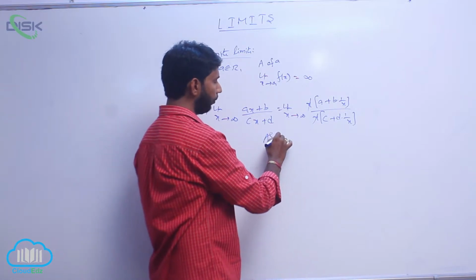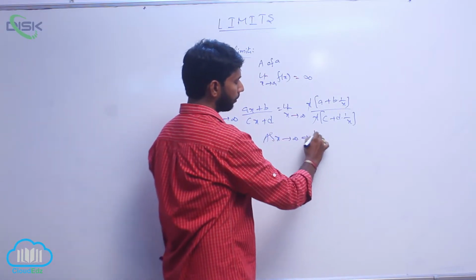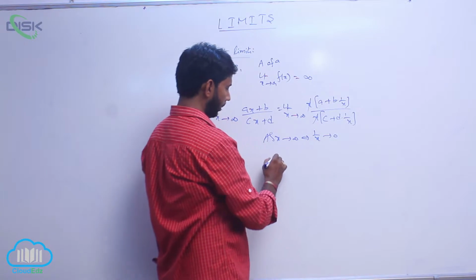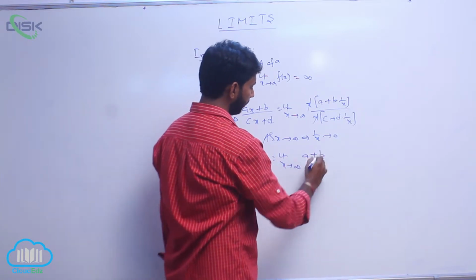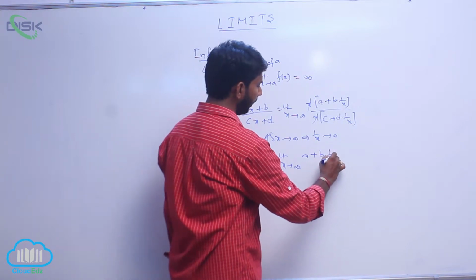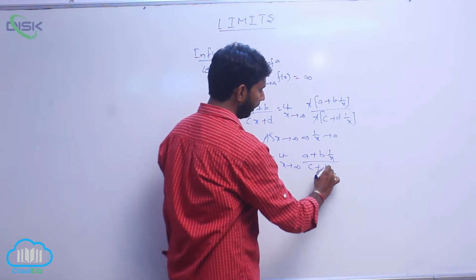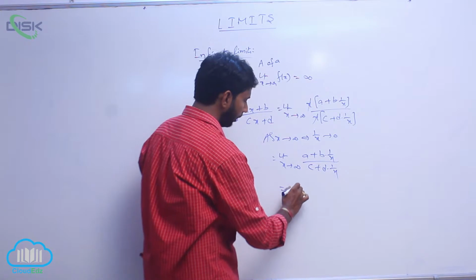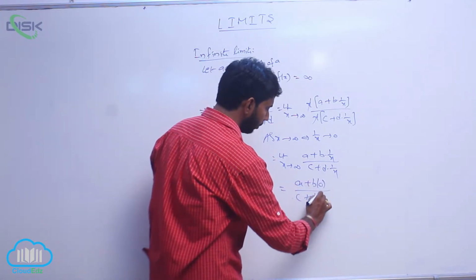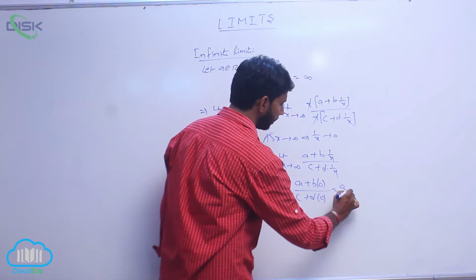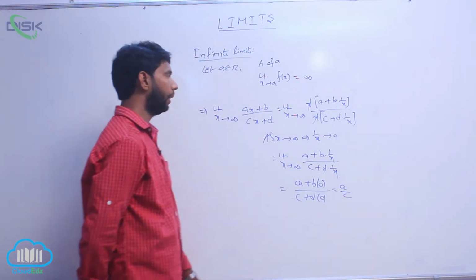As x tends to infinity, 1 by x tends to 0. That is the limit as x tends to infinity, a plus b into 1 by x by c plus d into 1 by x, which equals a plus b into 0 by c plus d into 0, that is equal to a by c.